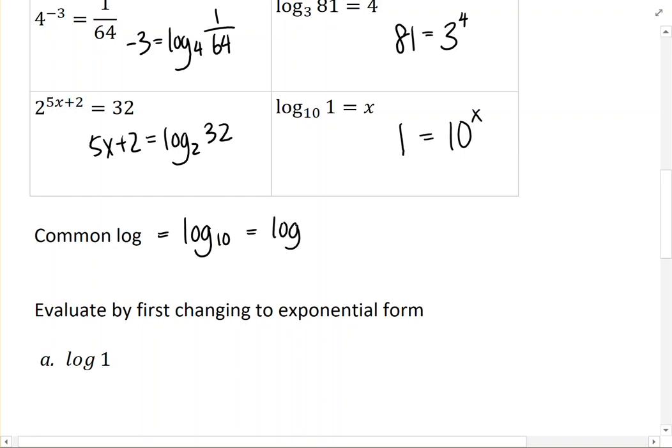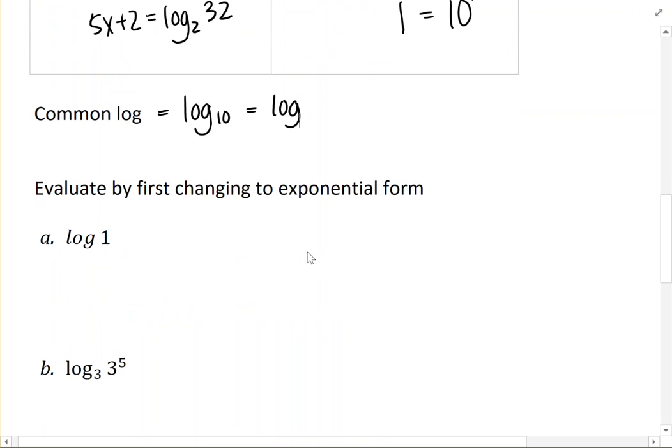If you see log by itself, that means you're talking about base 10. So just make sure you remember that. When it's blank and you don't see anything there, it means there is a 10. Okay? So let's evaluate some things now.